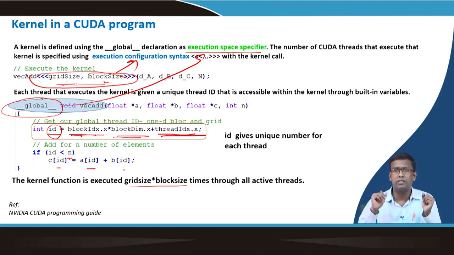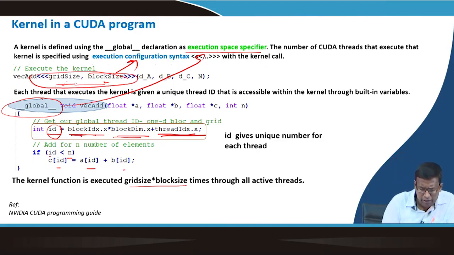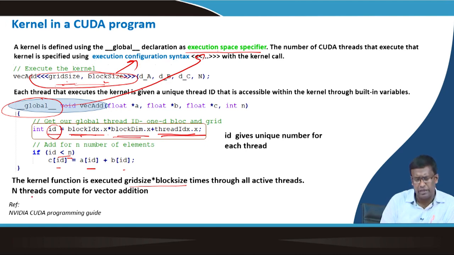Now, in case you have a 49,990 dimension vector, there will be 10 threads that basically do nothing. So, you have to check that if the ID is less than n, then only the threads will operate, otherwise those threads will not operate. So, n threads will do the computation for the vector addition.